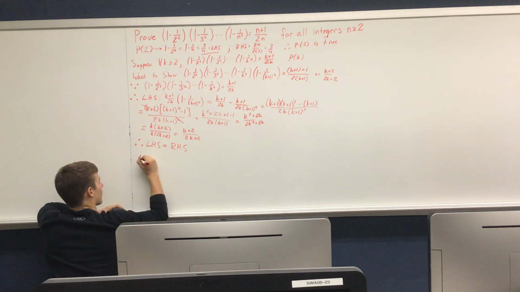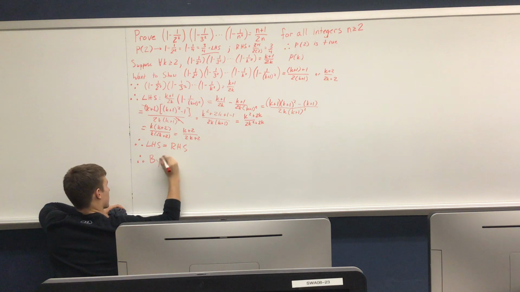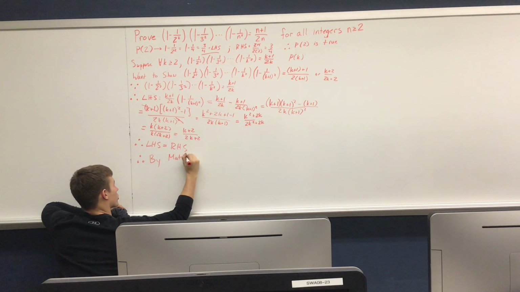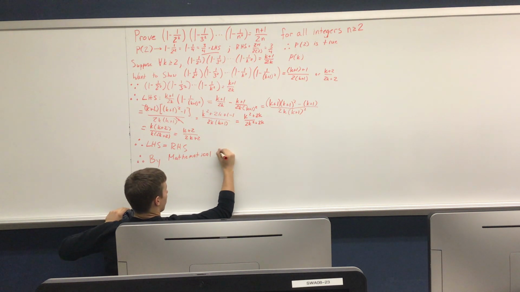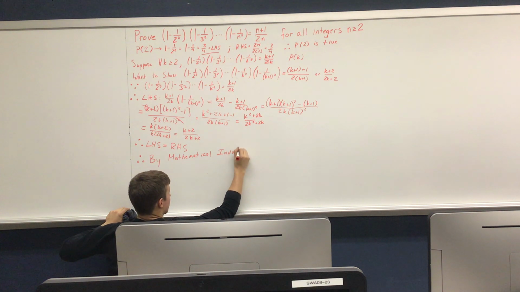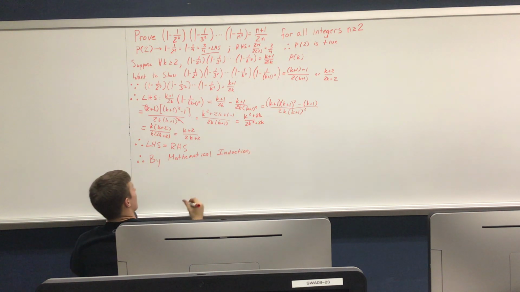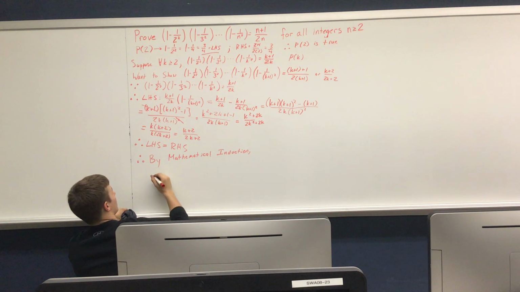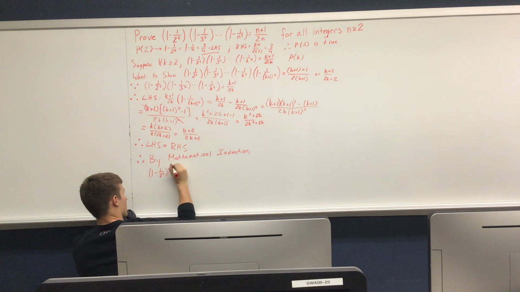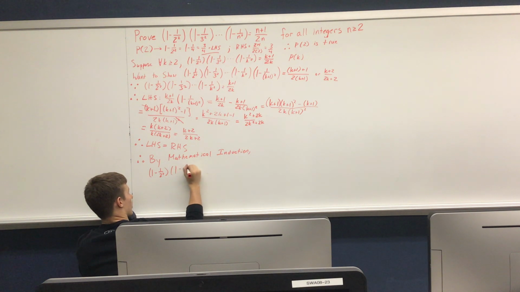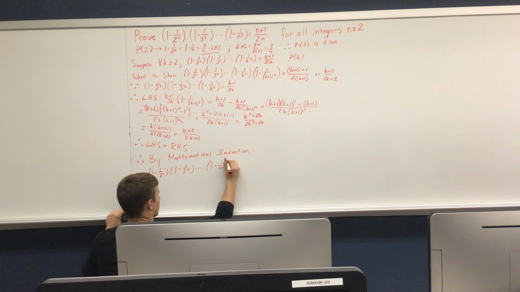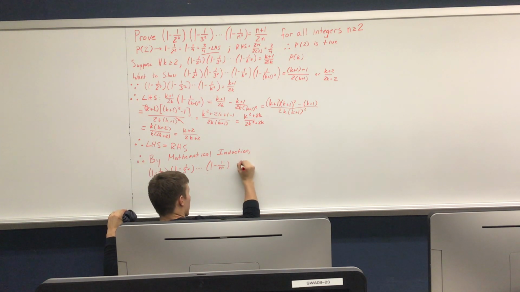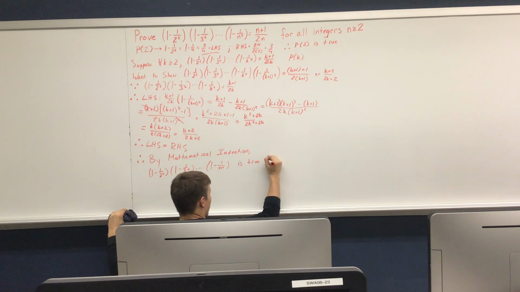Therefore, by mathematical induction, which is the proof we just used, we know that 1 minus 1 over 2 squared times 1 minus 1 over 3 squared all the way to 1 minus 1 over n squared is true for all integers.